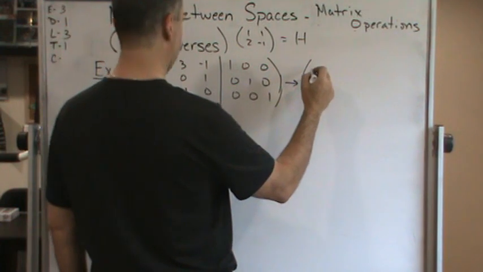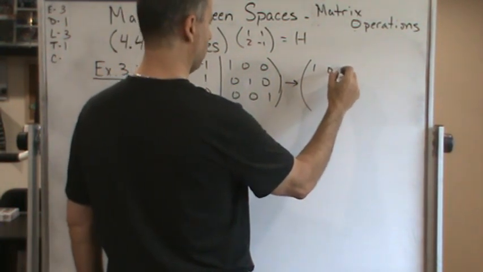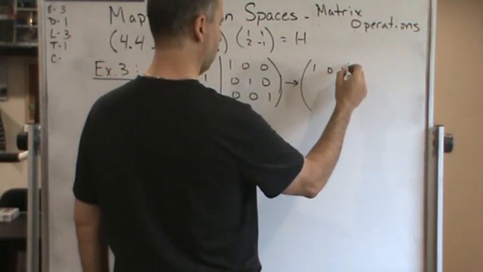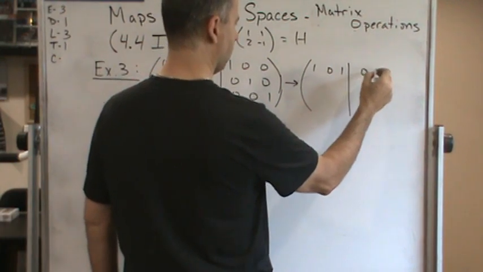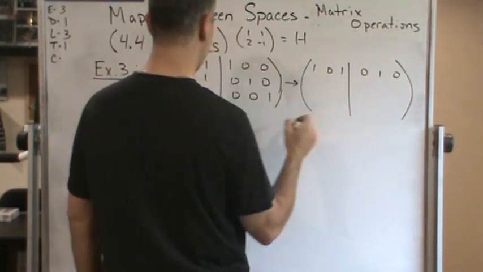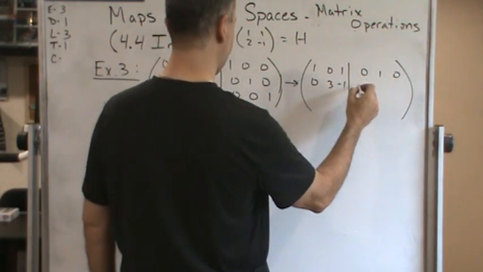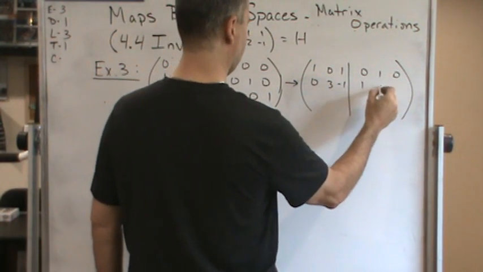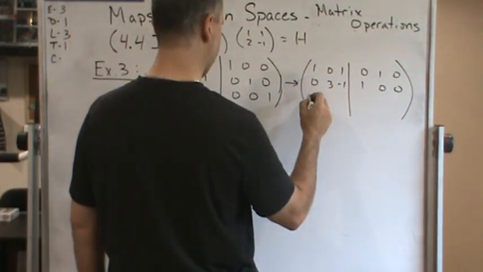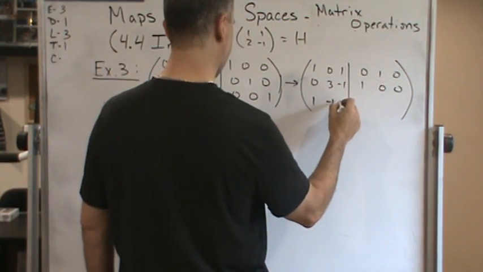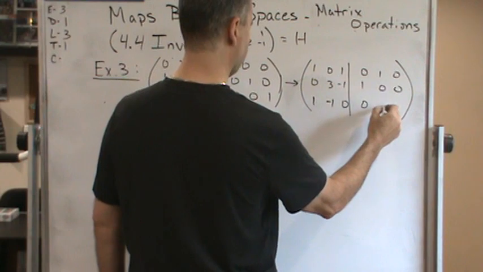So we're going to get 1, 0, 1, 0, 1, 0, and then 0, 3, negative 1, 1, 0, 0, and then 1, negative 1, 0, 0, 0, 1.